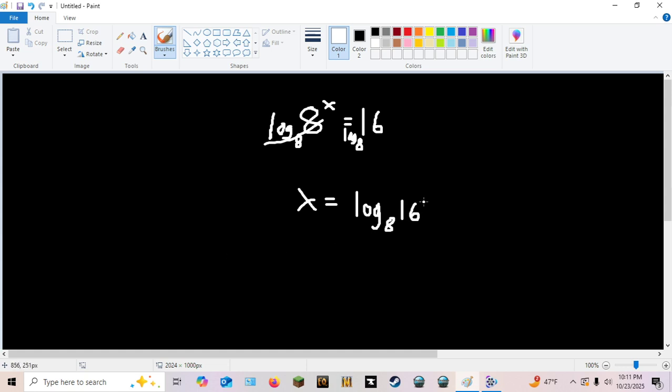So the change of base formula. Okay, so log base A of B is equal to log B over log A. So basically, the logarithm of the argument divided by the logarithm of the base.